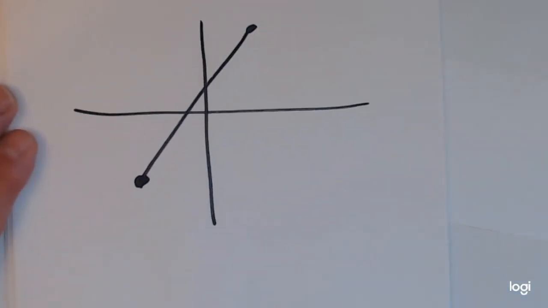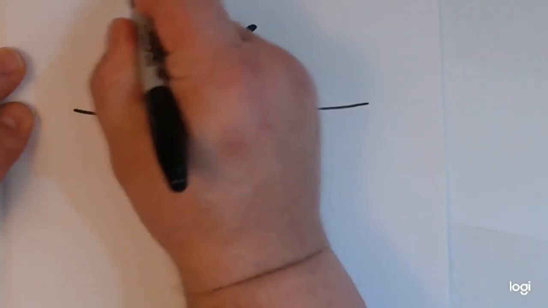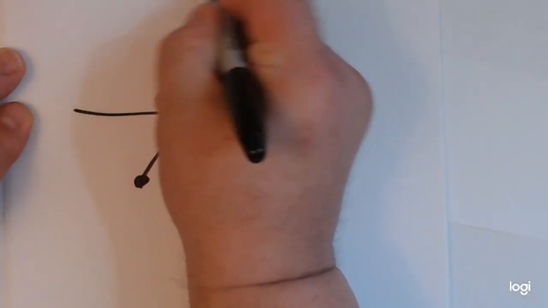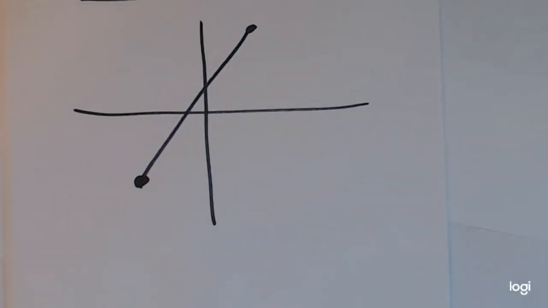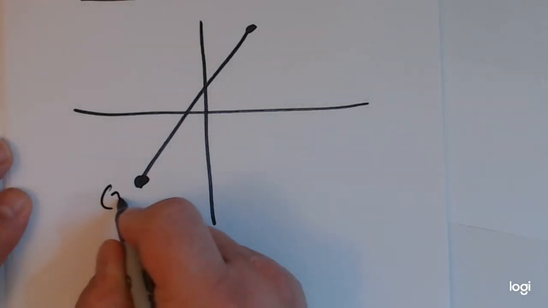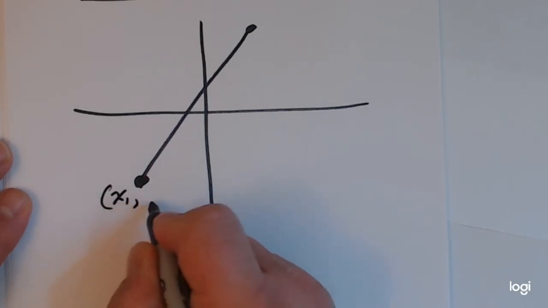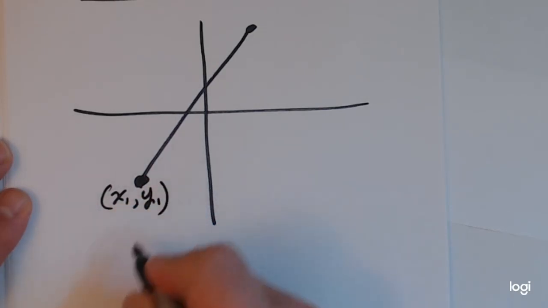Oops. No good if you can't see it. And this is distance. So, okay, let's label this point x sub 1 comma y sub 1.